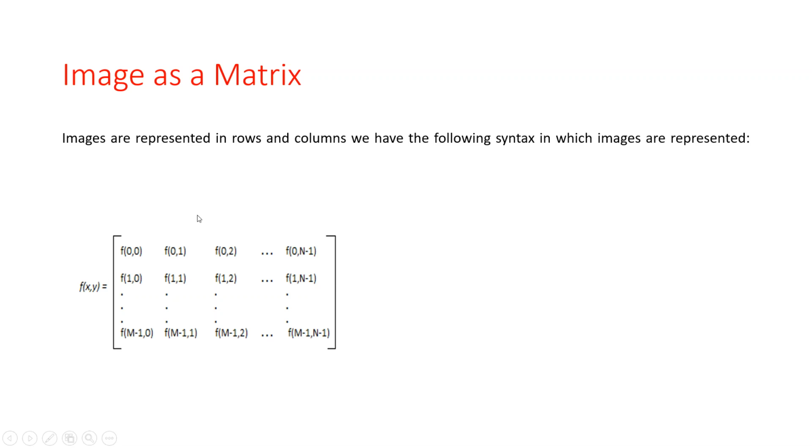Here each function value, or each x and y coordinate value, is called a pixel element or a picture element. Every element of this matrix is called an image element, picture element or pixel. So this is a collection of pixels.